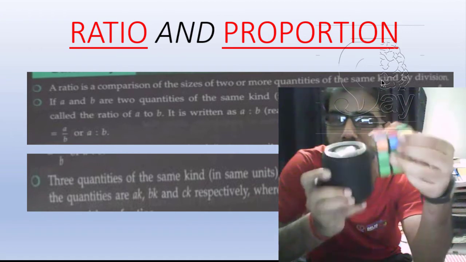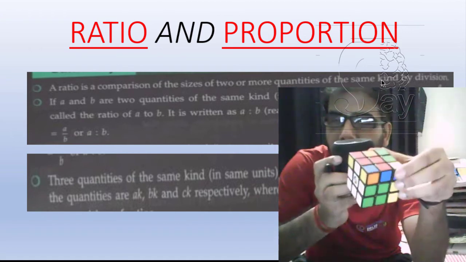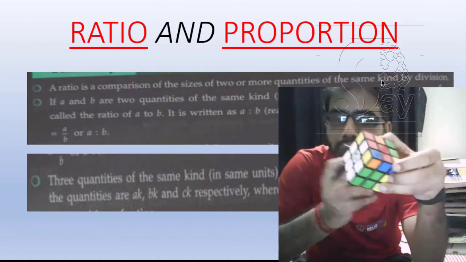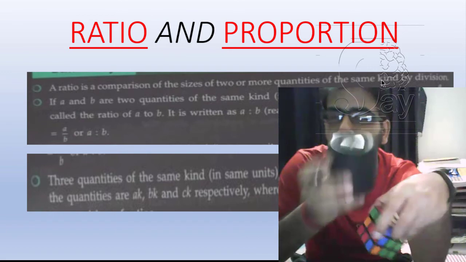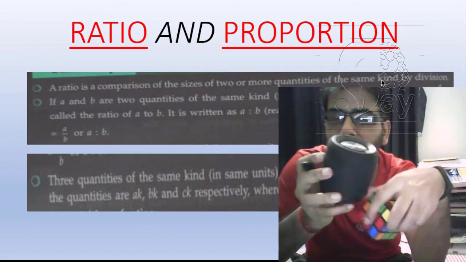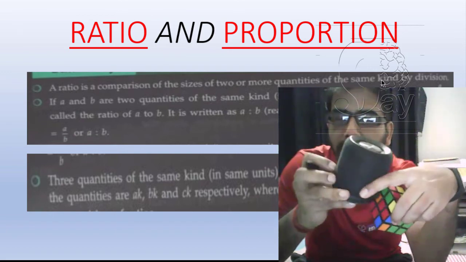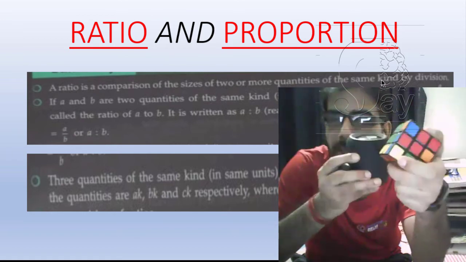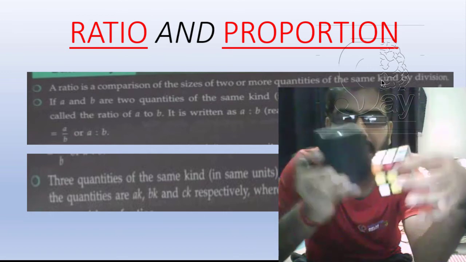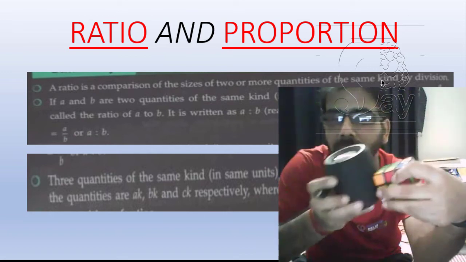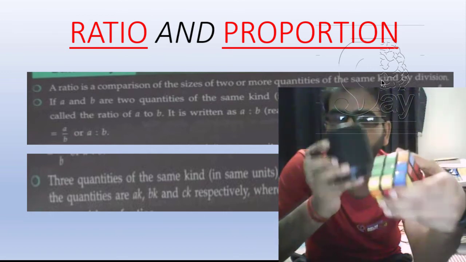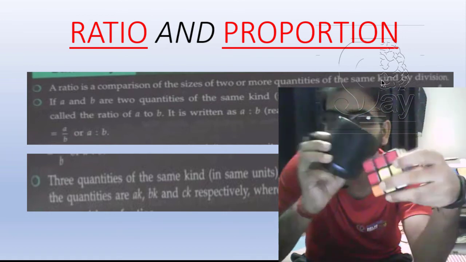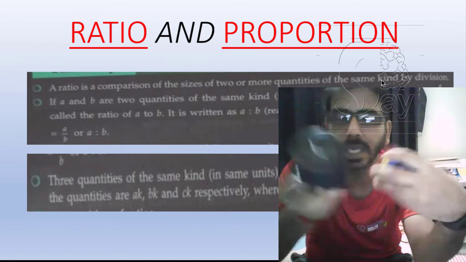If we have to compare, we have to compare their weights together. Or if we want to compare the measurements, like I want to compare the length of this cube, then I have to compare it with the length or height of the cylindrical object. So we cannot compare the weight with the length. So that is what it means, we have to take the same unit. So weight to weight we are comparing, and if we want to compare the measurements, we can compare the measurements.